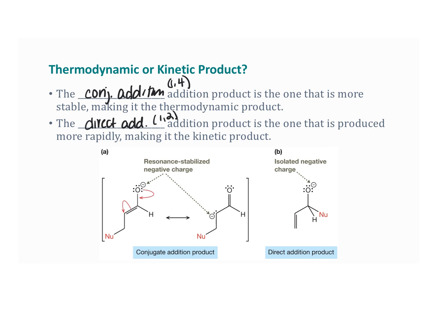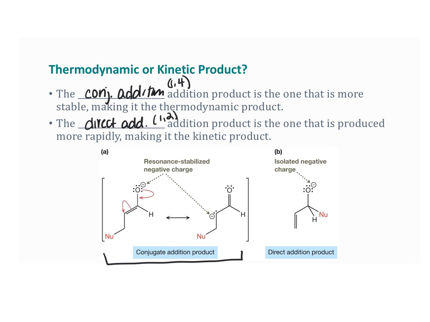So the conjugate addition product, which is shown right here, is more stable in part because of charge stability. Notice that because we have this enolate ion as the product, we've got some resonance stabilized negative charge, and that makes it more stable. And so that's what makes it the thermodynamic product.